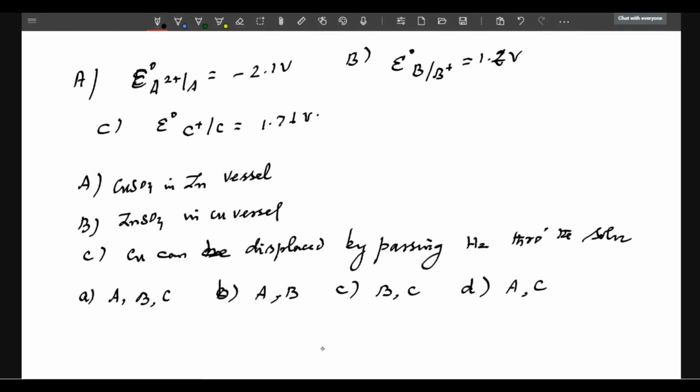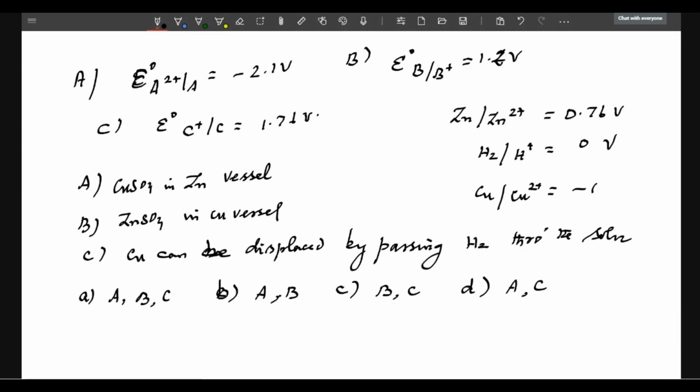You know by heart, the oxidation potential of zinc bar zinc 2 plus is 0.76 volt, hydrogen bar H plus is 0 volt, and copper bar copper 2 plus is minus 0.34 volt. Now you can easily get the answer.